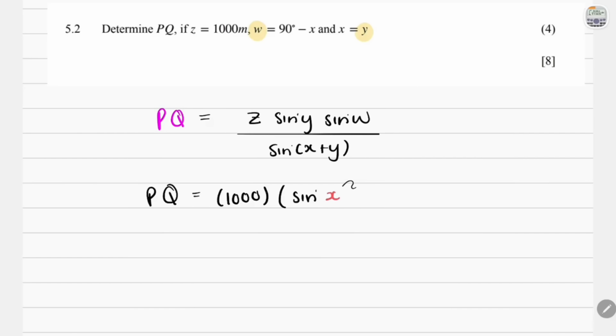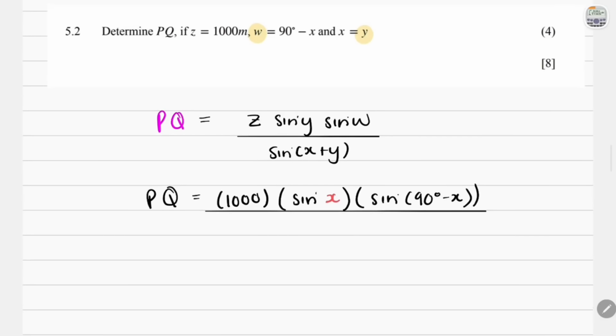So this is sine X multiplied by sine W, and W is 90 degrees minus X. So this is sine 90 degrees minus X, also in terms of X, and then all over sine, and those two angles are the same, so they'll just become 2x. Okay, so x plus x, since y is equal to x, which is 2x.